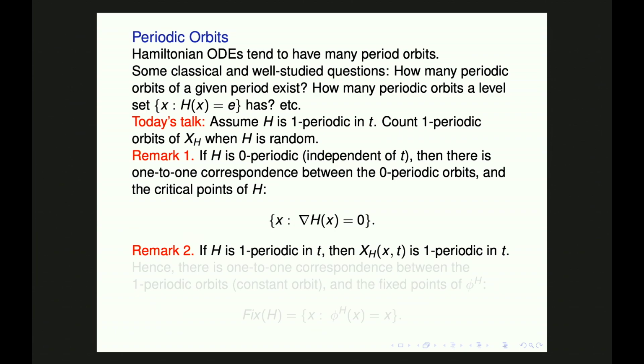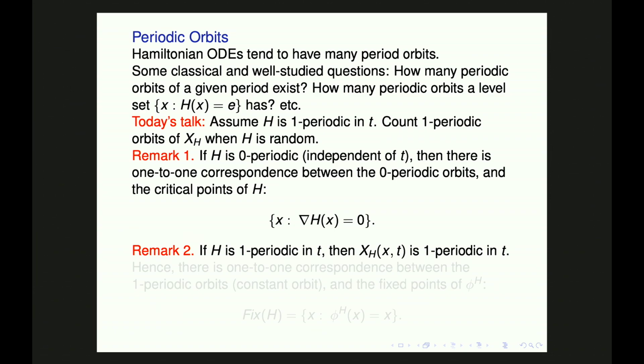Namely, there's a one-to-one correspondence between zero periodic orbits, namely the constant orbits, and the critical points of the Hamiltonian function. So there's a one-to-one correspondence between such constant orbits and critical points of the function H. And something remarkable happens. It turns out that a lot can be said when you replace zero periodic with one periodic or positive period.